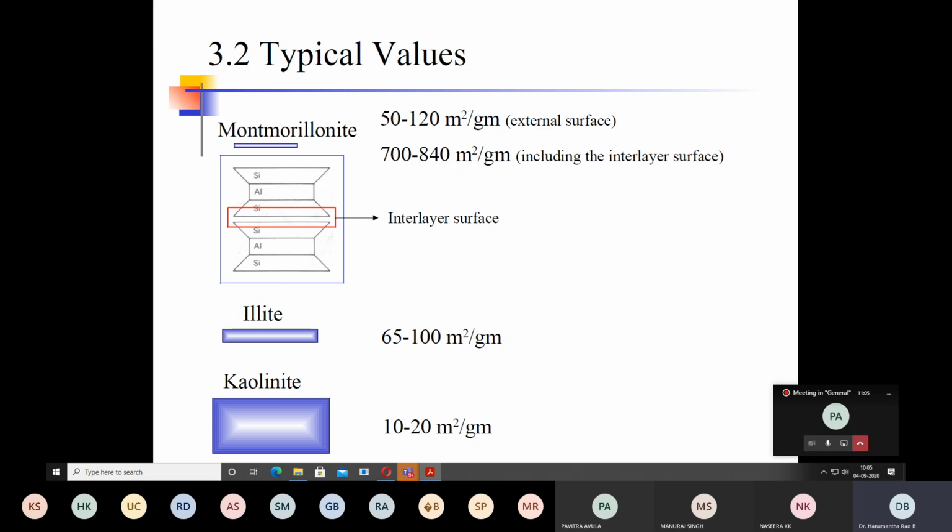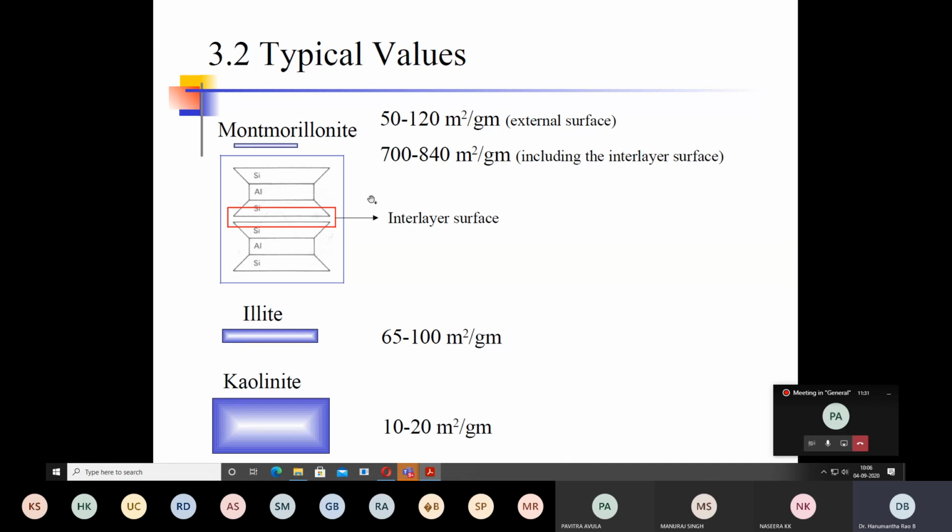For better illustration, I have also shown the relative sizes of each particle. As you can see here, this is the size of the kaolinite particle, this is the size of the illite, and this is the size of montmorillonite. As you can clearly see, montmorillonite is the smallest particle. The montmorillonite mineral has the smallest particle size compared with any of the clay minerals.